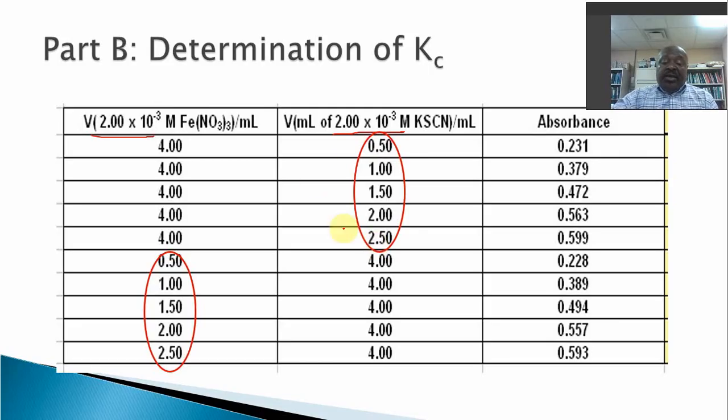So the 5 equilibrium solutions here, they're all different. And then we measure the absorbance. And then we roll over and keep this constant at 4 milliliters, and we vary these. So we have 10 equilibrium solutions for which we can find 10 equilibrium constants. We can look at the values.